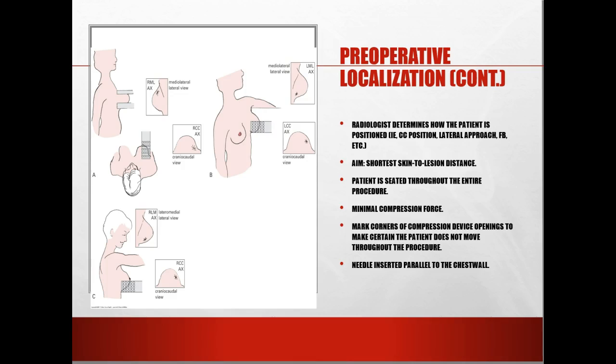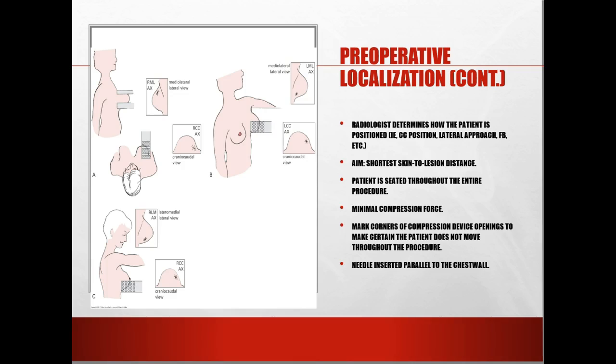So when you get your patient there and you have the images, the radiologist is going to tell you how he wants the patient positioned. As it mentions in the book, you want to make sure that you have the shortest skin to lesion distance. So if your mass is in the upper half of the breast, you're going to want to put the patient in a CC position, because that mass is going to be in the inferior tissue, and that's going to be the shortest skin to lesion distance.